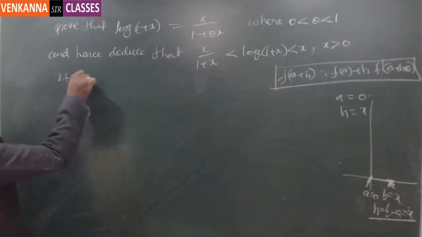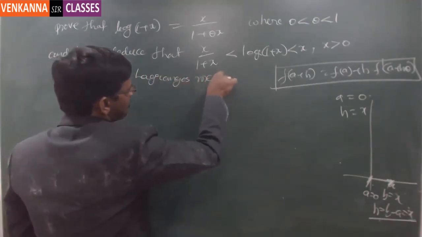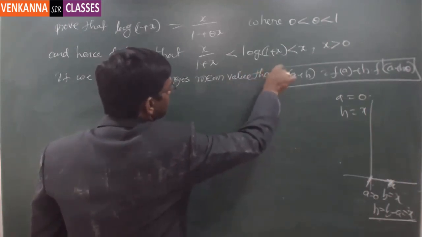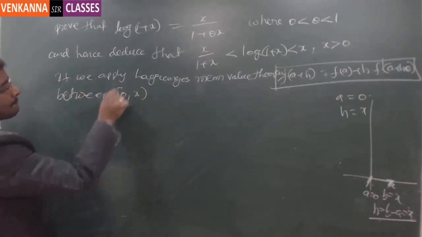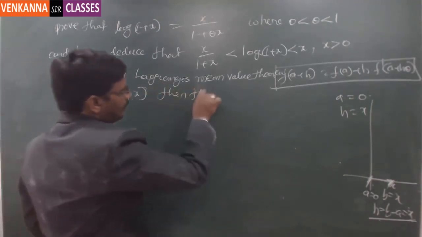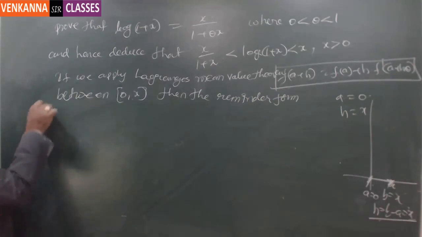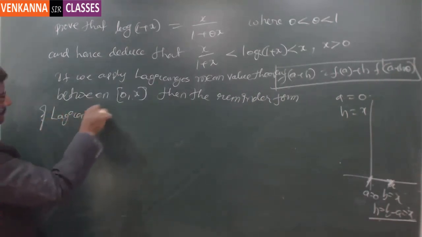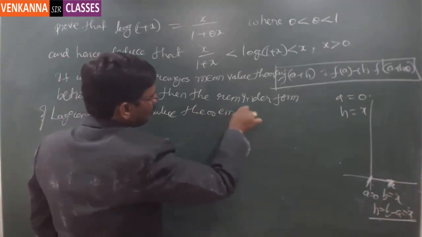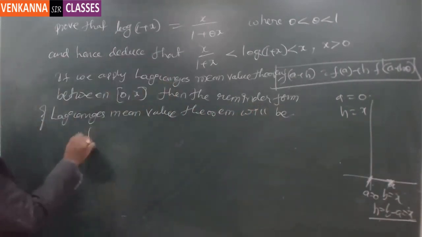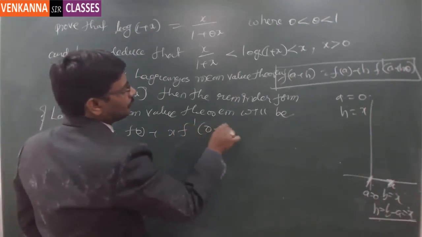So if we apply Lagrange's mean value theorem between 0 comma x, then the remainder form of Lagrange's mean value theorem will be f of x is equal to f of 0 plus x into f dash of 0 plus x theta.